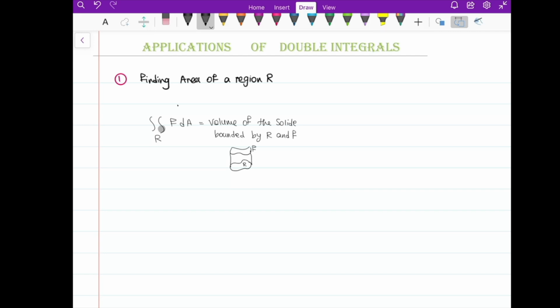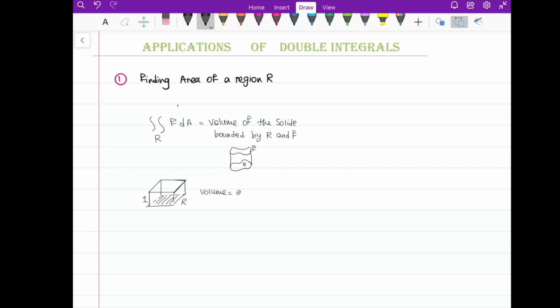But notice that if we have a box like this, and this is the region R, if the height of the box is 1, then the volume would be what?